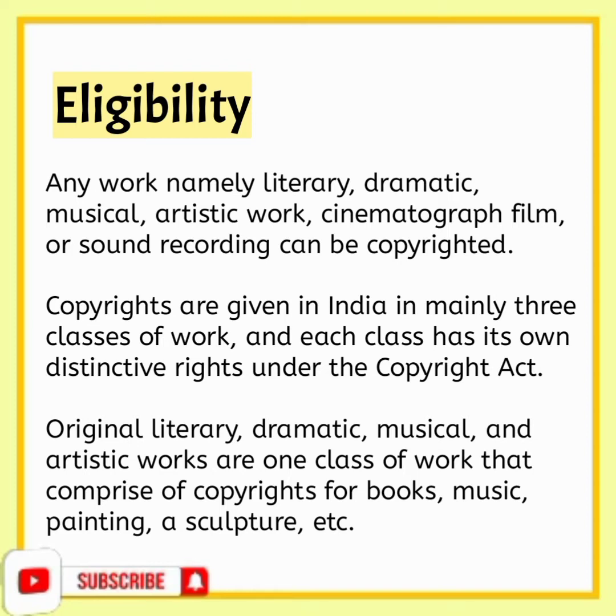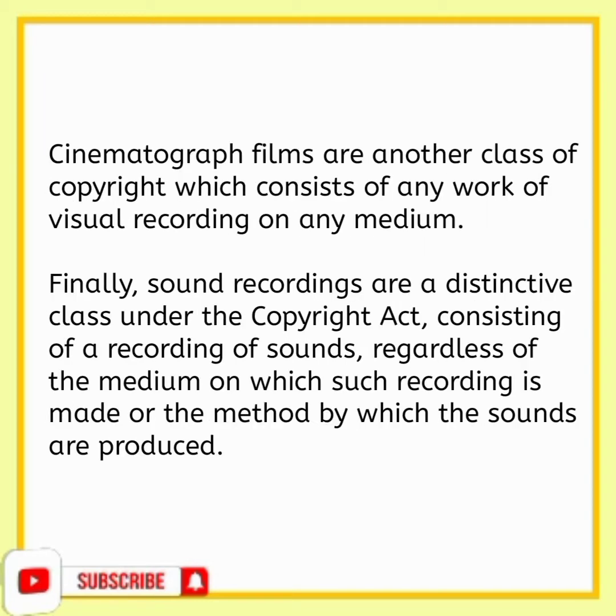Original literary, dramatic, musical, and artistic works are one class of work that comprise copyrights for books, music, painting, and sculpture, etc. Cinematograph films are another class of copyright which consists of any work of visual recording on any medium. Finally, sound recordings are a distinctive class under the Copyright Act consisting of a recording of sounds regardless of the medium on which such recording is made or the method by which the sounds are produced.